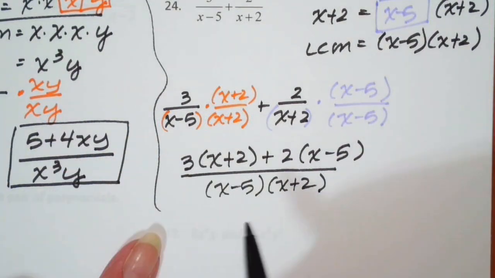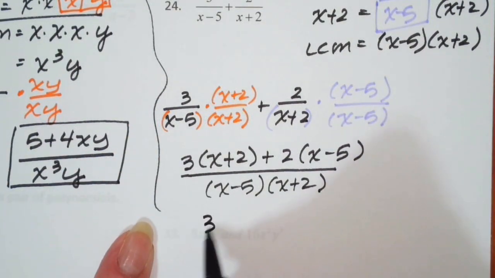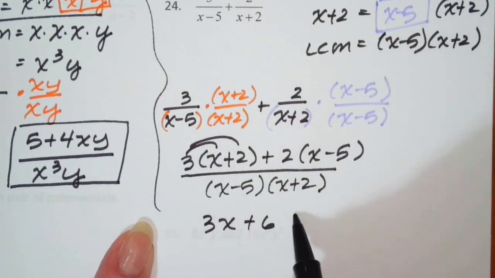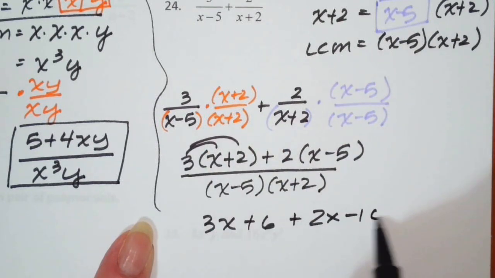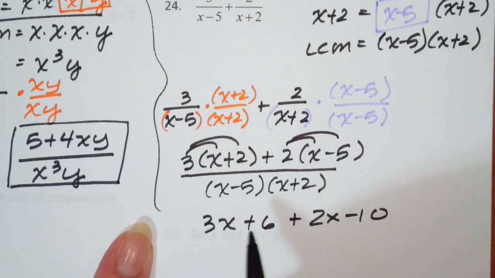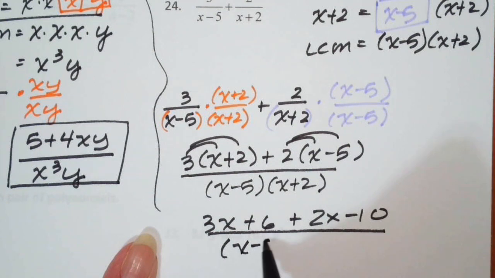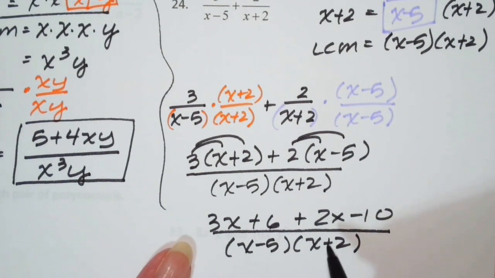Okay, so this becomes 3x plus 6 when I distribute, plus 2x minus 10, all divided by x minus 5 times x plus 2, which gives me 5x minus 4 divided by x minus 5.